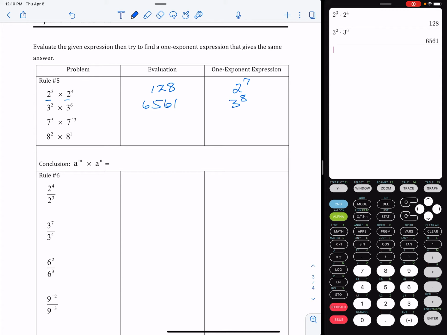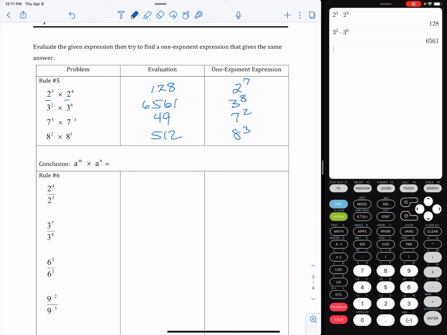So sorry about that. Okay, now 7 to the 5th times 7 to the negative 3rd, you should have come up with 49 and ended up with 7 to the 2nd power. And on the last one, 8 to the 3rd, which gives you an answer of 512. So what are we doing here?